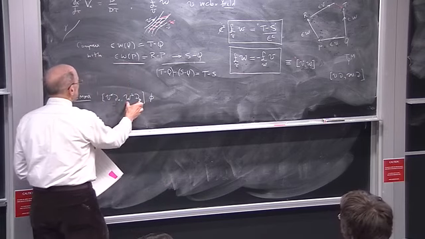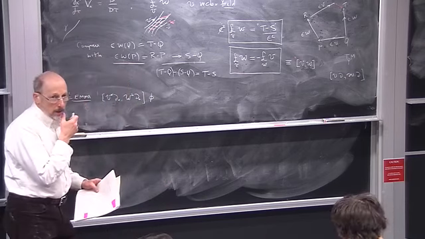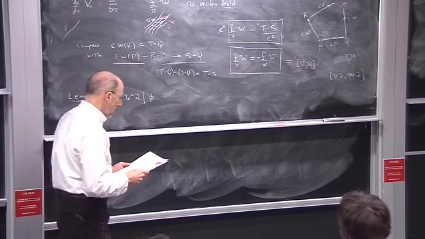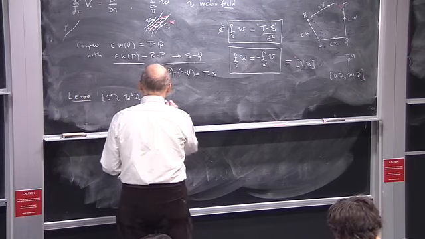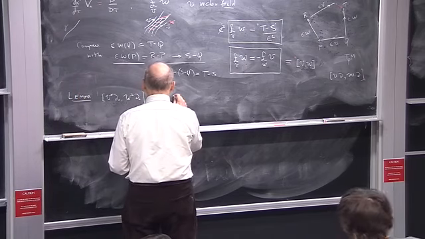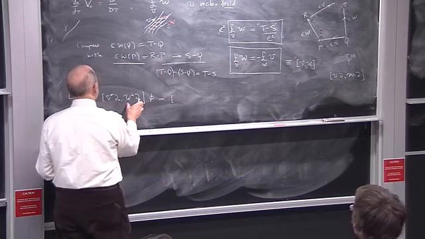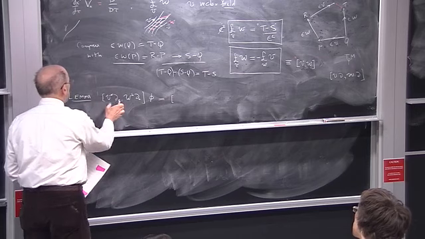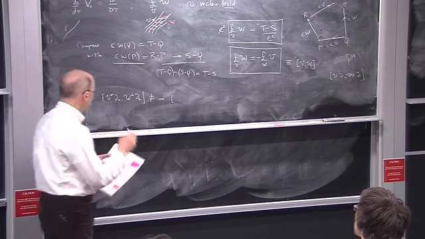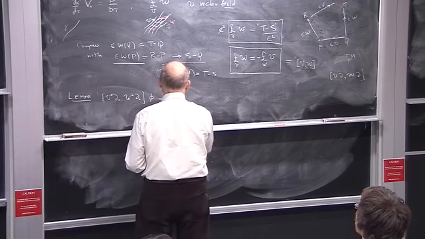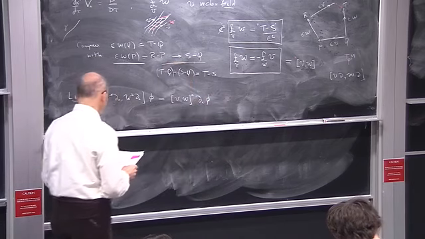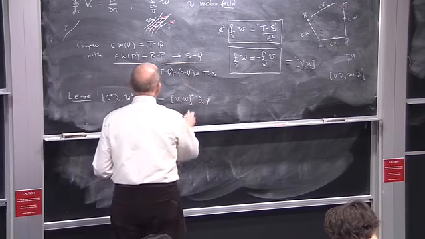I don't know what this means when I try to act on a vector, for example, or a tensor. That's why we had to introduce the covariant derivative.